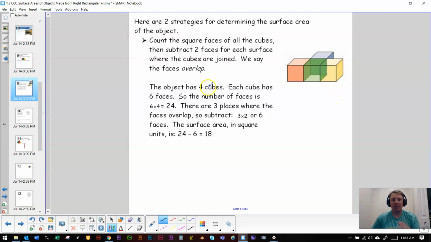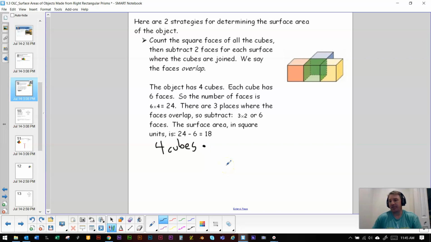So here's how I would tackle this one. First off, let's just count the cubes. If there were no interlocking sections, how much surface area is there? We've got 1, 2, 3, 4 cubes. So there are 4 cubes. And how many sides does each cube have?